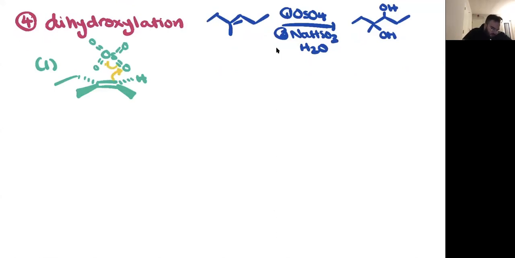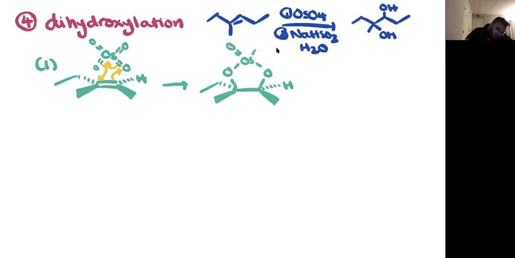I'm going to bring some electrons into osmium, and then this pi bond will come right down here. Cool. You end up with this intermediate, which is called your osmate ester.